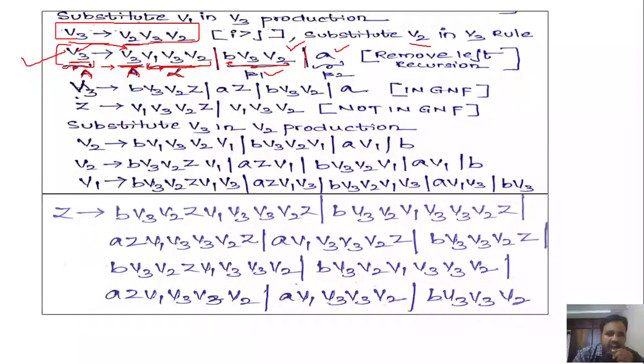Also it is not having V3 at the beginning, only a terminal symbol here, so we can consider it as beta 2. So it is in the form A denotes A alpha or beta 1 or beta 2, right?